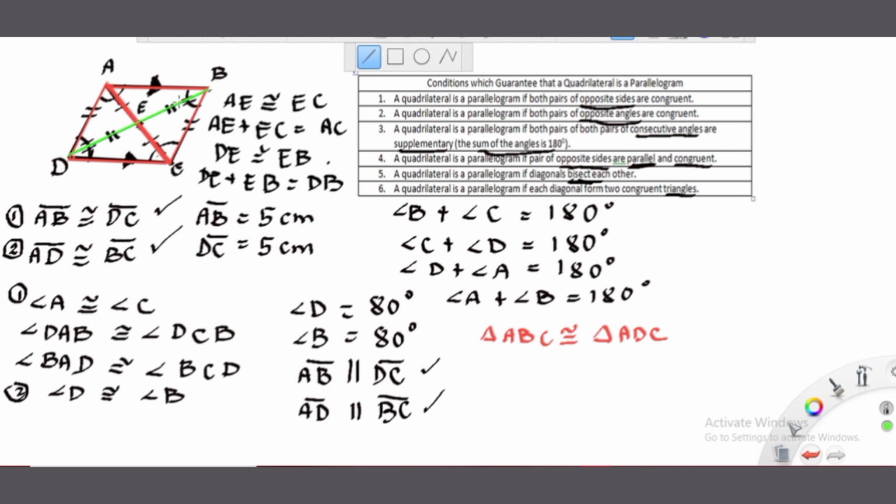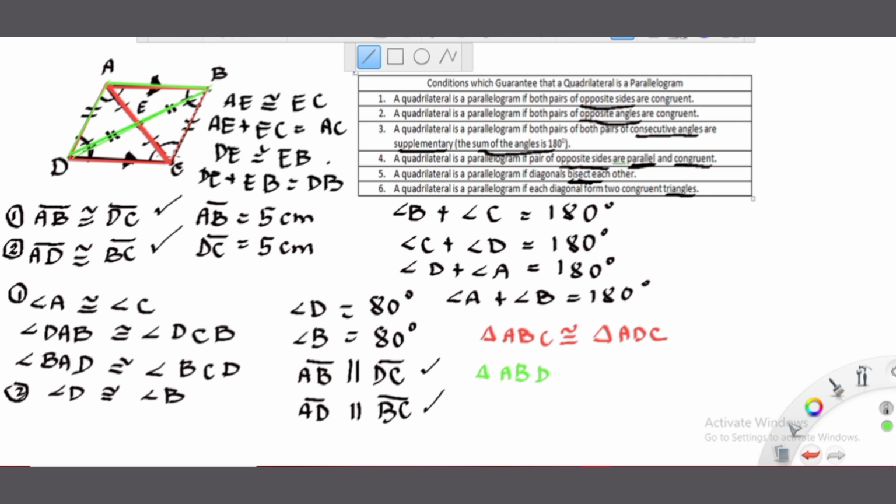So, this DB is one of the sides of the triangle. Let's say this is the other side, AB. And the third side is AD. So we have formed here a triangle. Let's say that is triangle ABD. So the other triangle is yung nasa kabila. So this is one of the sides of the triangle.